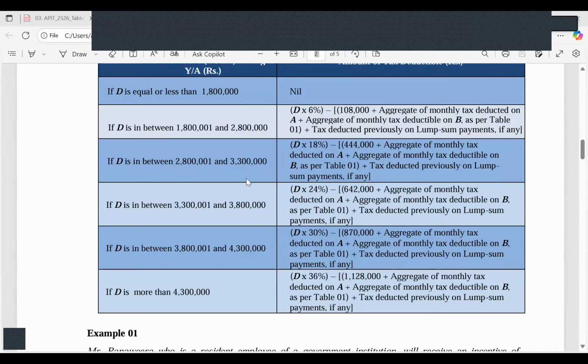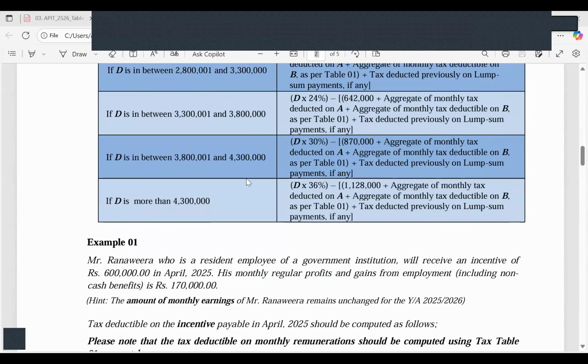So this table can be applied for lump sum payment. එතකොට දැන් පැහැදිලි ඇති.